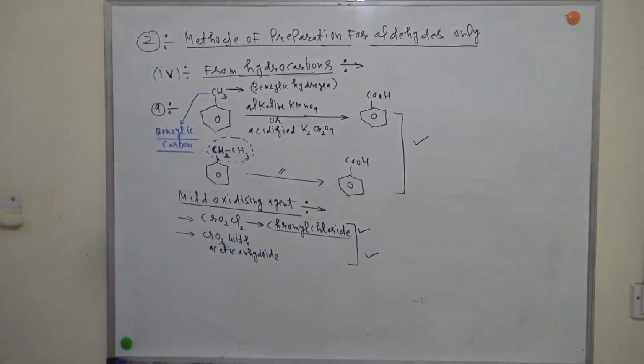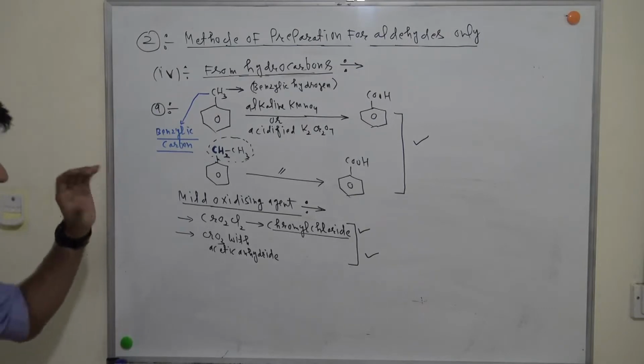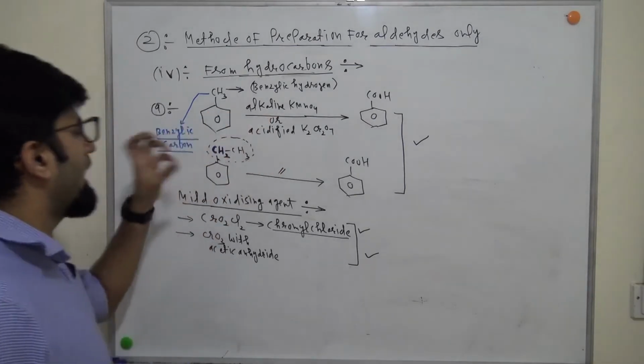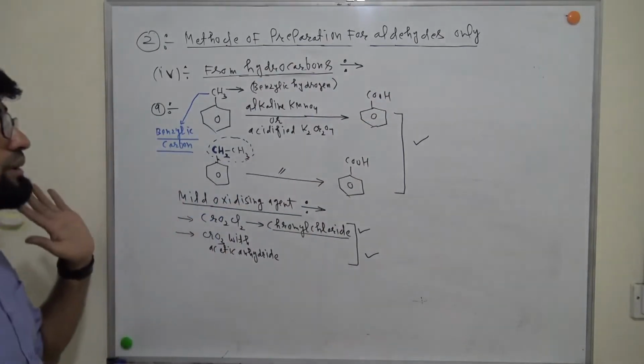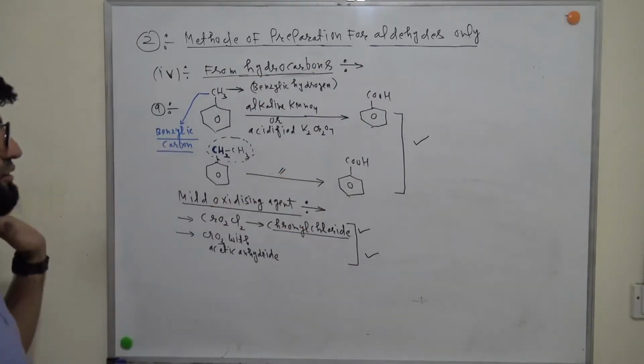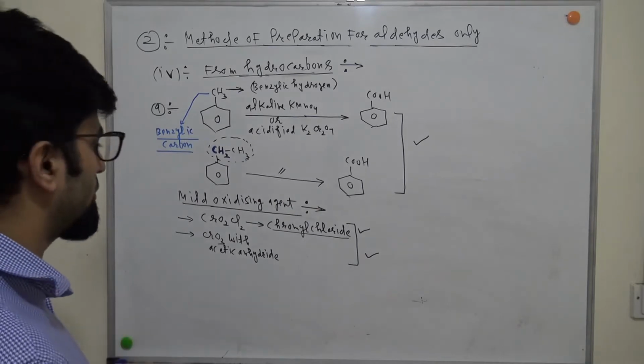Mild oxidizing agent means when you do the oxidation of aromatic hydrocarbons, then instead of getting acid, you will get aldehyde. So we will see what is the meaning of that.